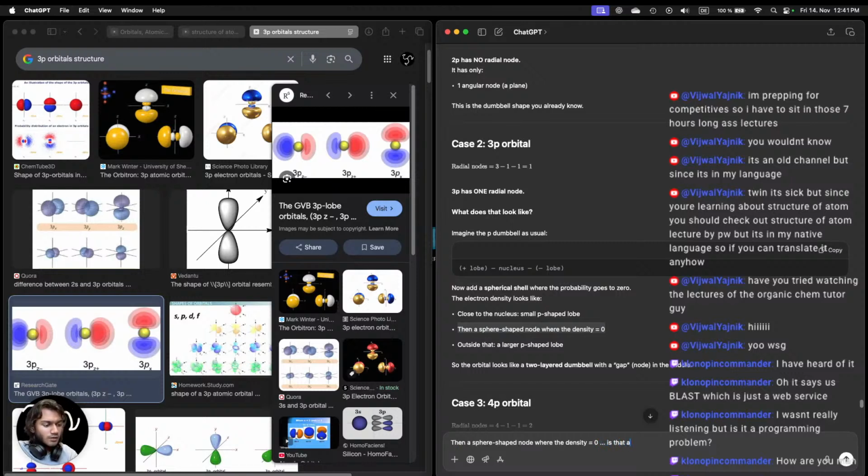Is that also the node of the previous subshell?